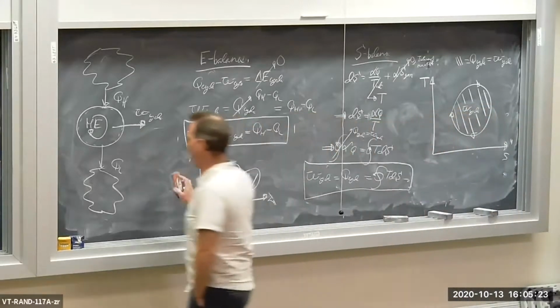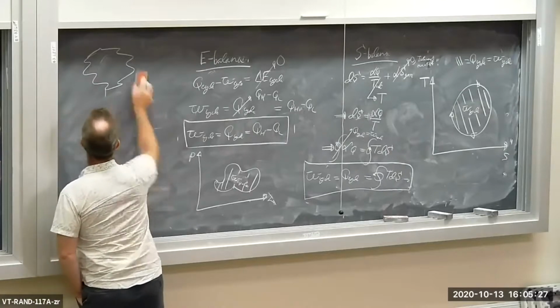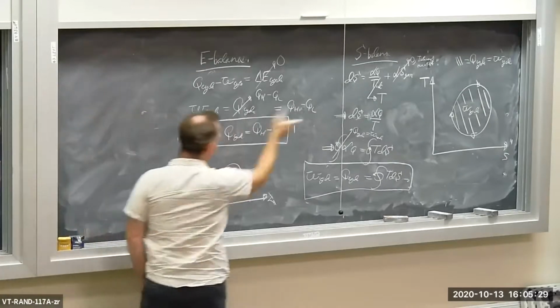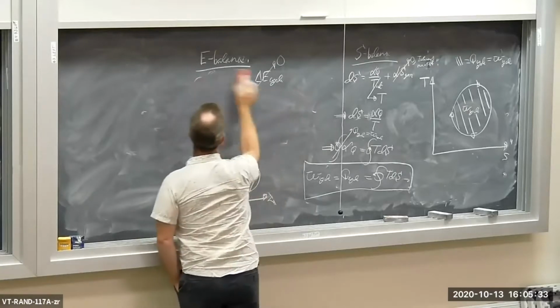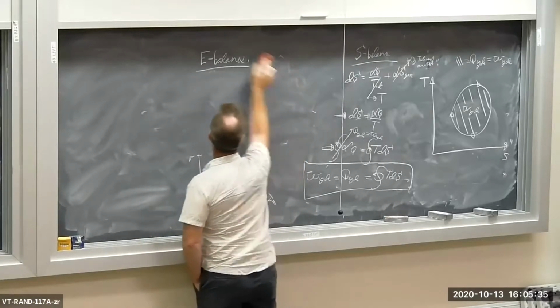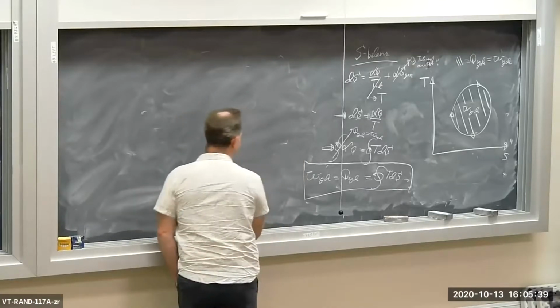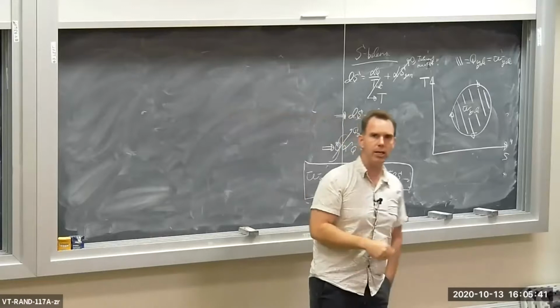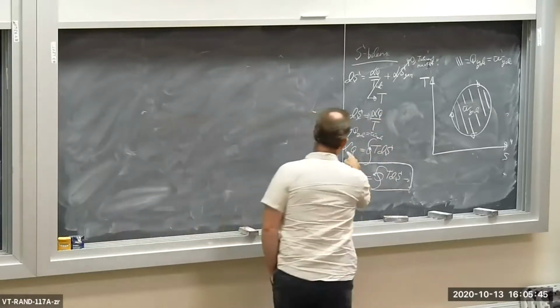Now, before we move on, I want to point out one more thing about the entropy balance. Not only can I calculate the cycle work by getting the area bound by the TS curve for the cycle, I can get the heat addition and the heat rejection too. So let me write this here.